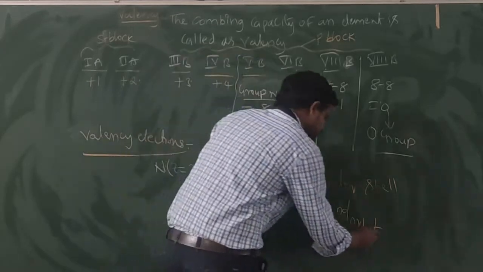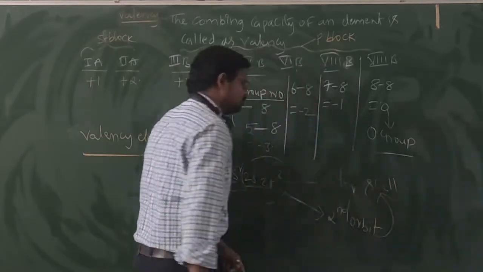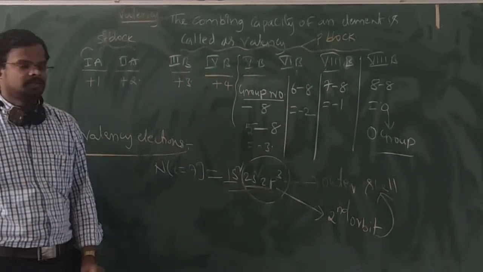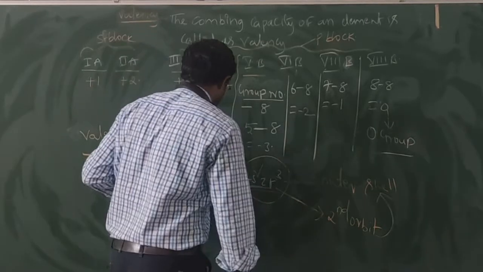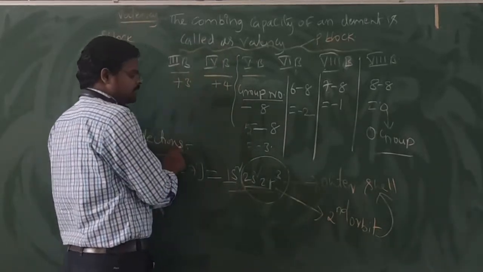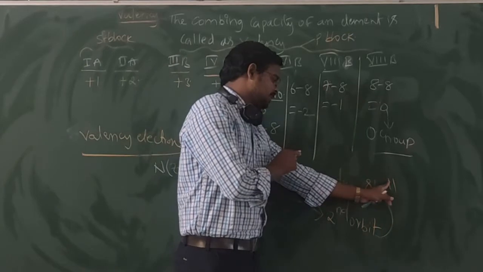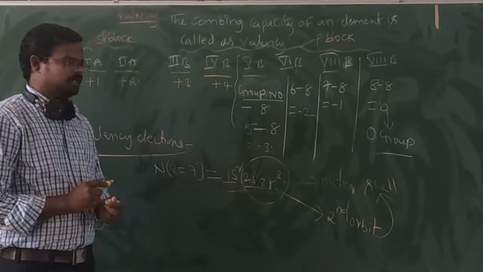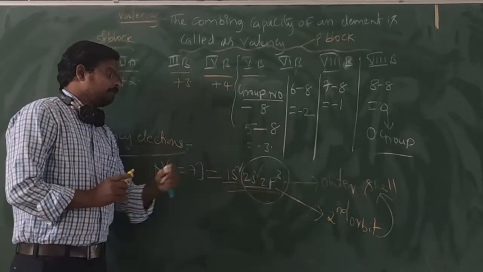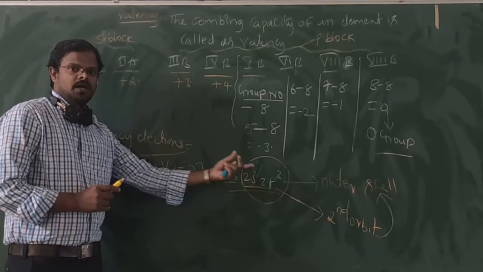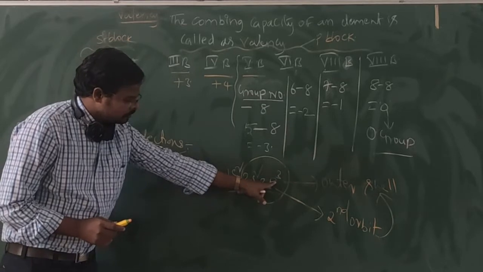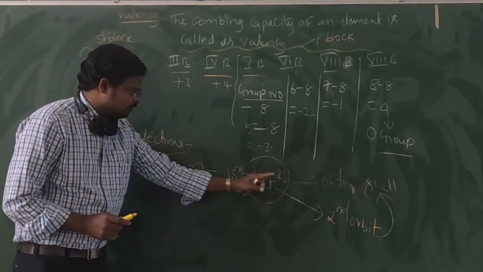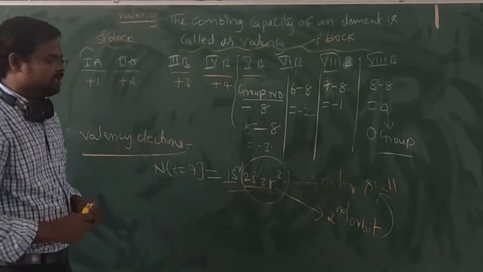Therefore, the second orbit is the outermost shell or outermost orbit. So what are valency electrons? The electrons present in the outermost shell or outermost orbit are called valency electrons.